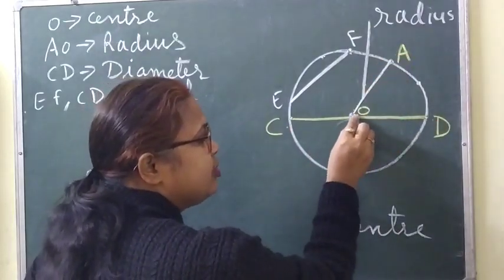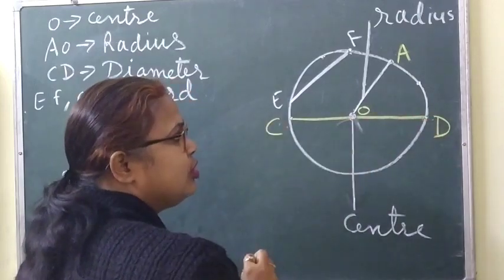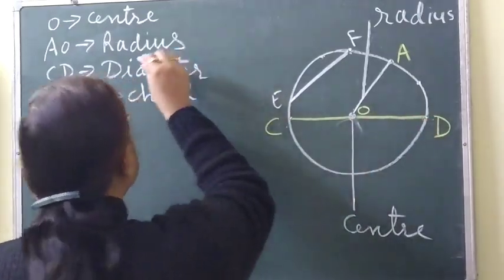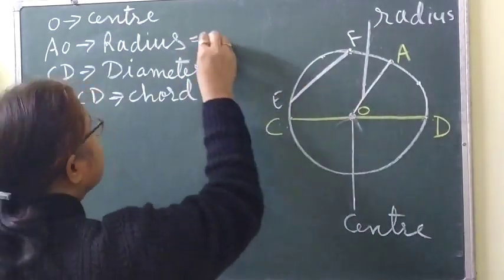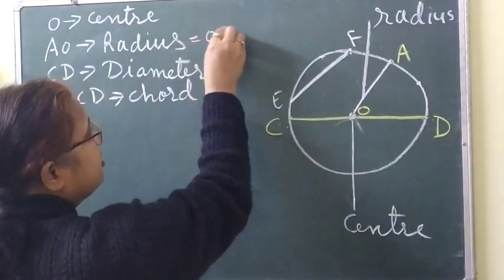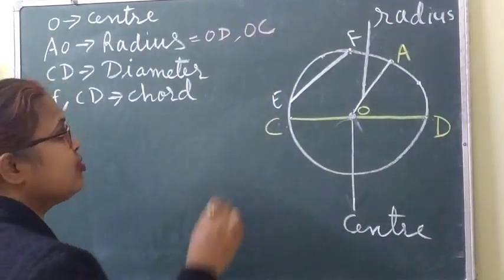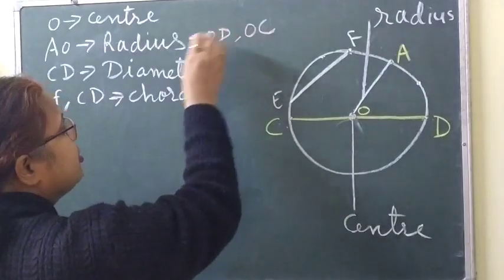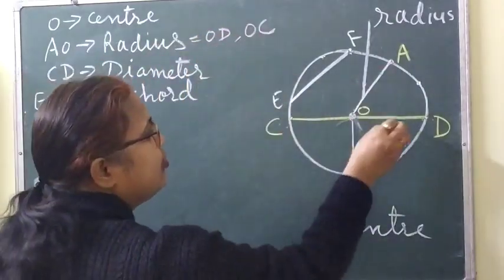We can also say that OD is also a radius, and OC is also a radius. So AO, OD, OC, they are all radius.